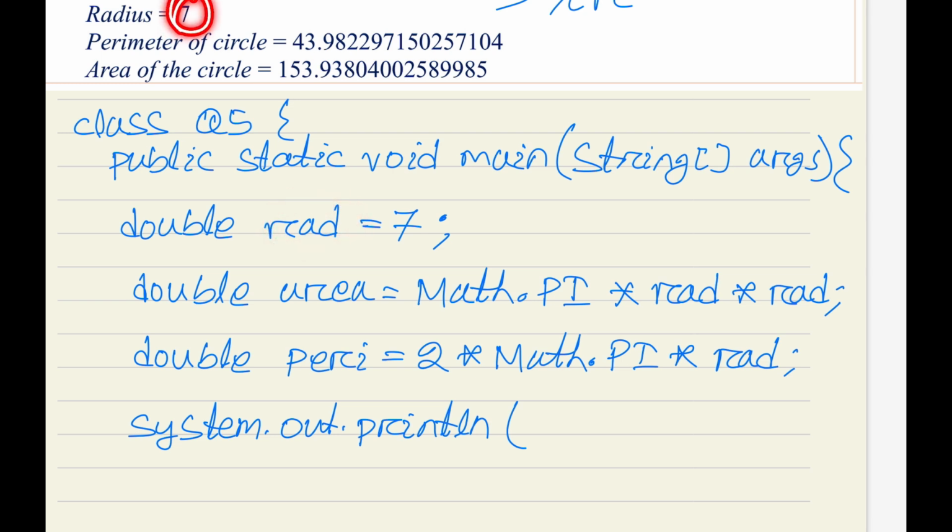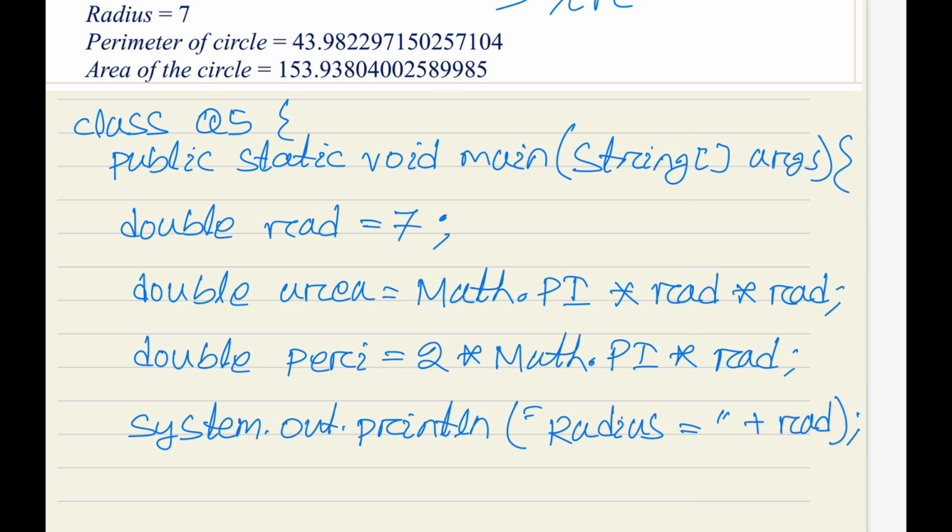So in place of 7 I have to write the variable rad, and radius equal to inside double quote, because I want to print this as it is. So I can write inside double quote radius equal to, then concatenate that with rad. Here in place of rad the value 7 is going to be displayed.